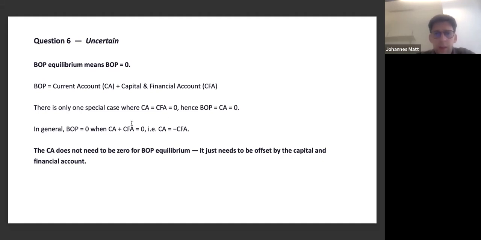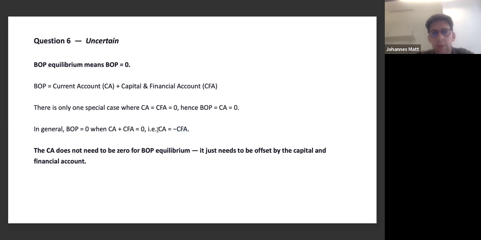However, in general, that need not be the case here, because the balance of payment, of course, can be zero if the current account and the capital and financial account sum up to zero, but take opposite signs.